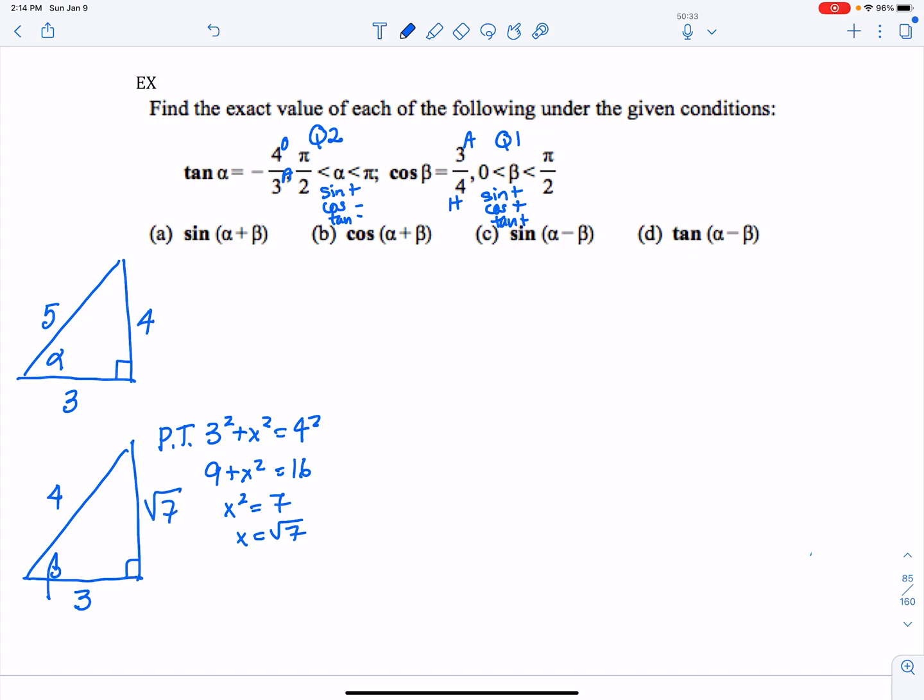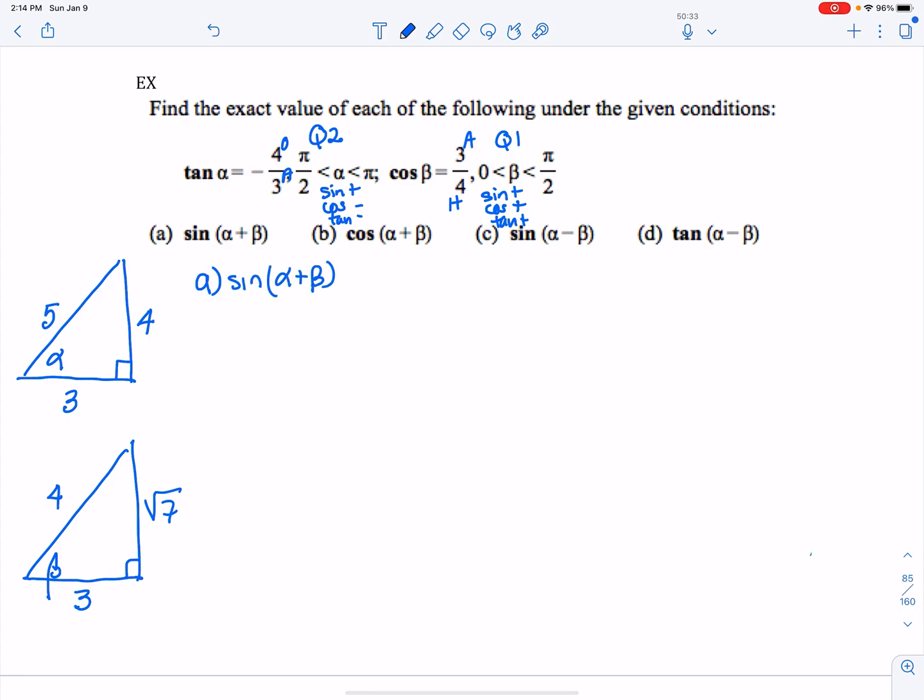Okay, and I'm just checking really quick to make sure that's right. Good to go. I'm going to erase this work just to let the triangles be clean. Okay, so let's go ahead and do part A. Sine of alpha plus beta. So once again, we need the addition formula. So this becomes sine alpha cosine beta plus cosine alpha sine beta.